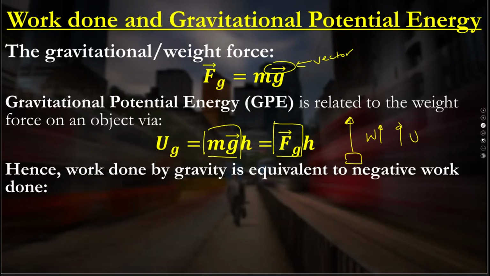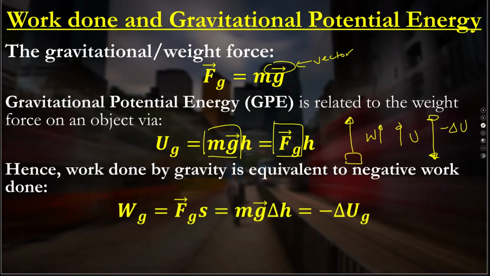But essentially what's actually occurring is, if we were doing the opposite and the object was falling down, we're losing gravitational potential. And so in this case, the work that's being done would be negative because it's working with gravity.